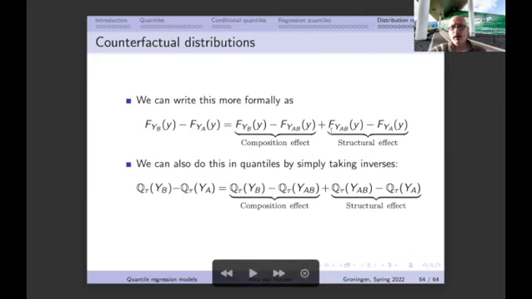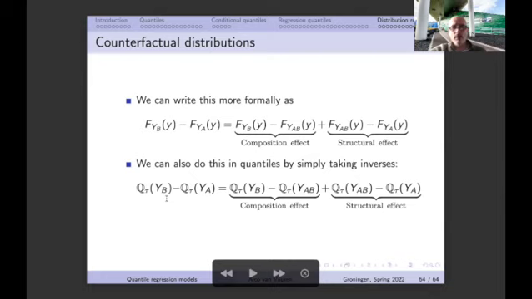And then in addition to that, we have the so-called structural effect, which is the difference between the A population being paid like the B population minus what the A population would have had if they would have been paid like themselves. Well, we can do this in terms of distribution functions, but we can also do this in terms of quantiles.